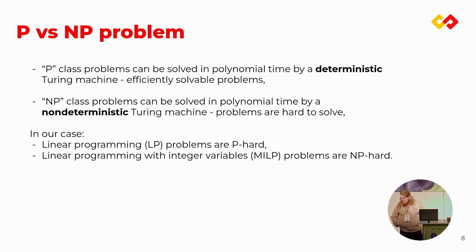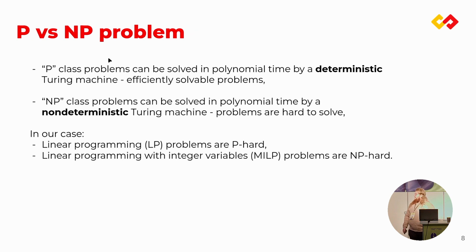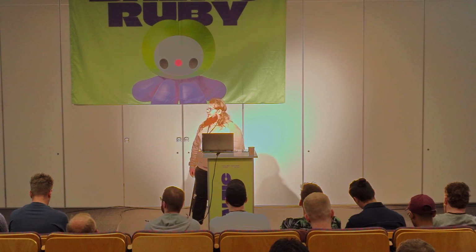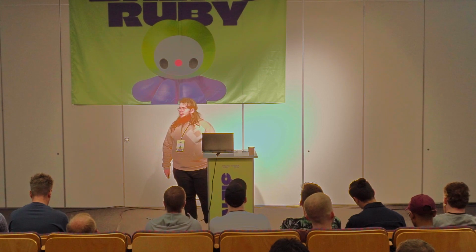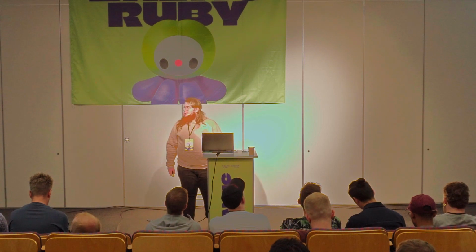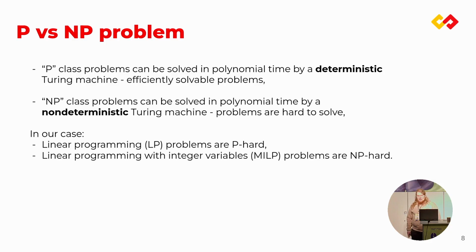So linear programming (LP) is in the P class, which is easily solvable, and we want these kinds of problems. Mixed integer linear programming, which includes integer variables, is unfortunately in NP, and it's very hard to solve in some cases and takes a lot of computer resources.